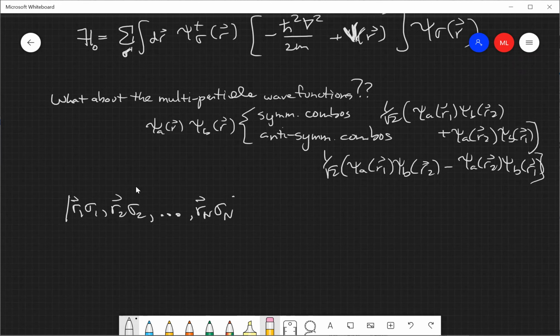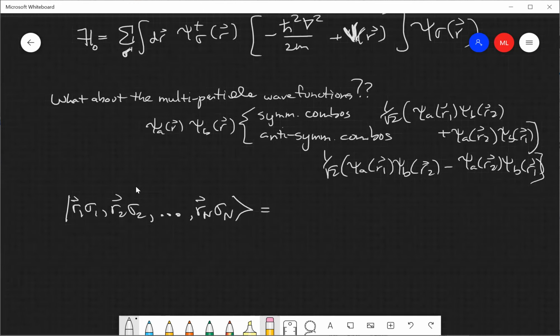Say there's n of them. The way you would construct this is by applying the creation operators to the vacuum. You'd pop these particles into existence at those locations and for those spin states.